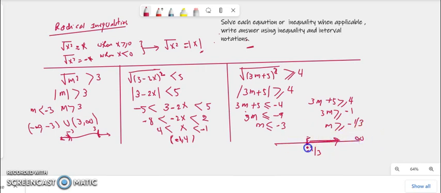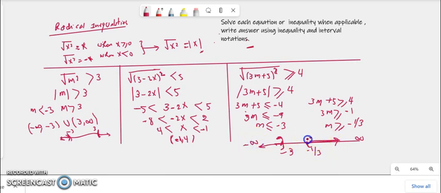And less than or equal to minus 3. So minus 3 right here, and that's my sign. And there you go. That's minus infinity here.